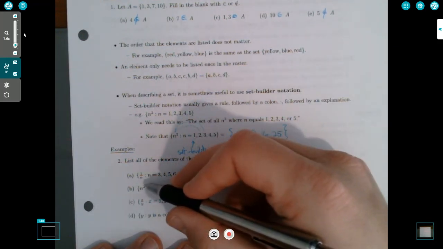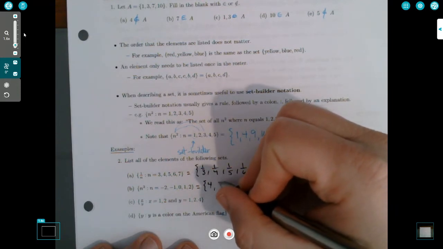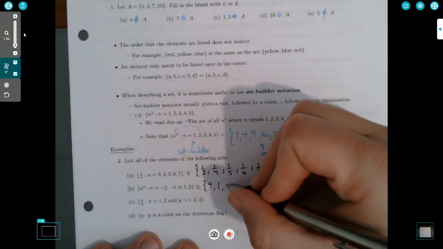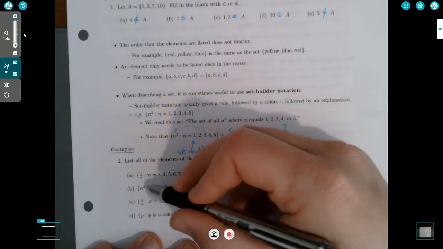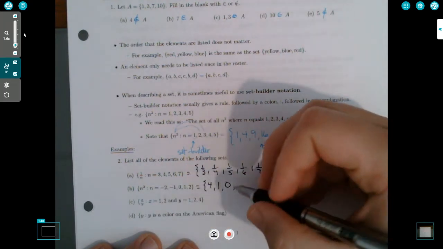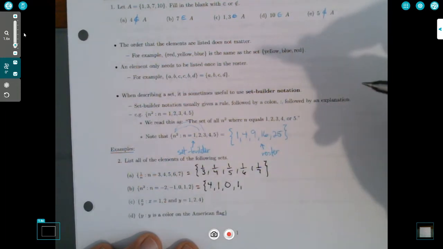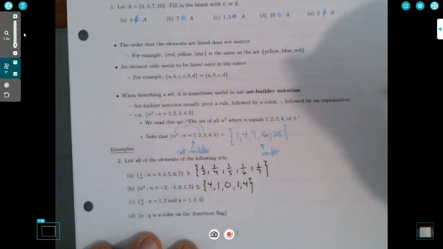If I plug in negative 1, squared is negative 1 times negative 1. That's positive 1. If I plug in 0, squared is 0 times 0, which is just 0. If I plug in 1, squared is 1 times 1, which is 1. And if I plug in 2, squared is 2 times 2, which is 4.